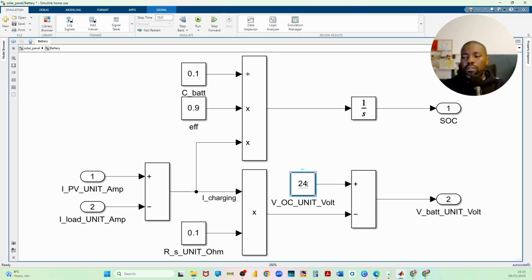directly, depending on the rated or what we call open charge voltage, which essentially is the voltage with no load, work out what the actual battery voltage is in the event that there is current. That is essentially what this does.